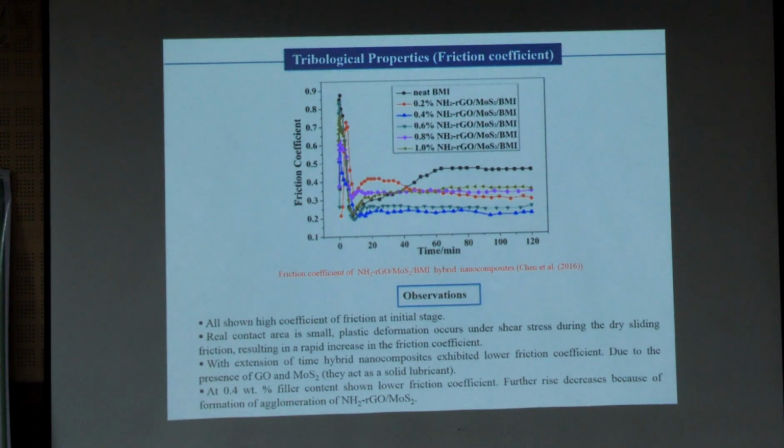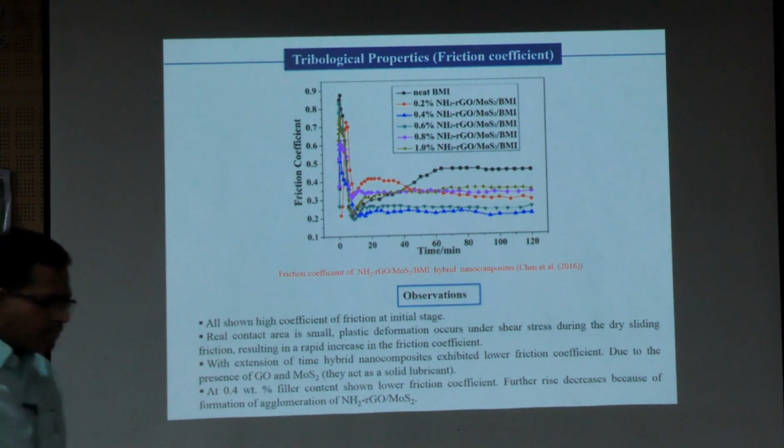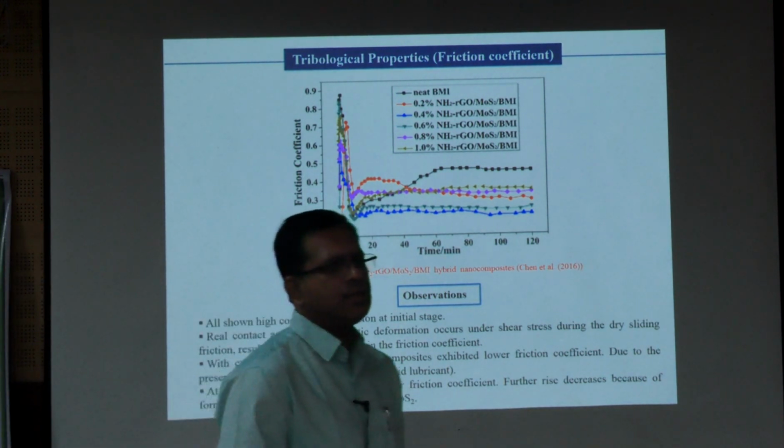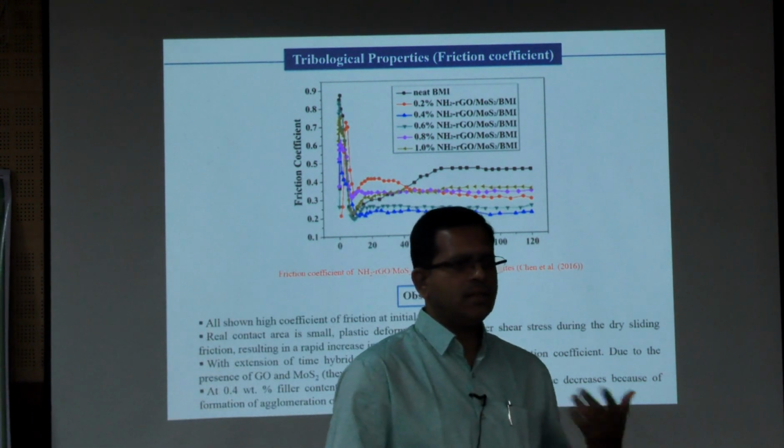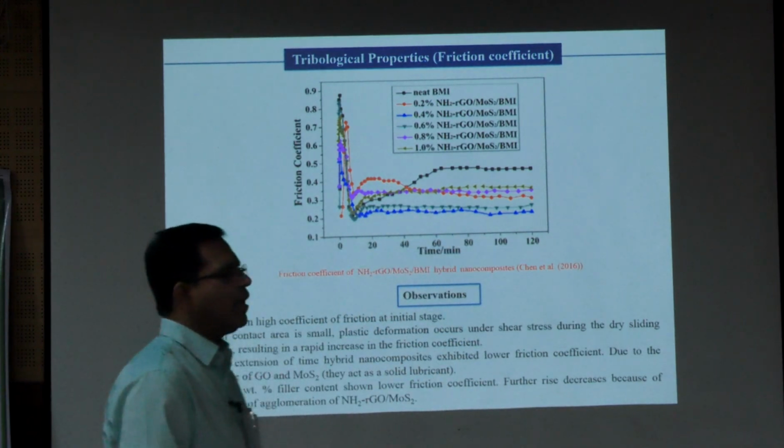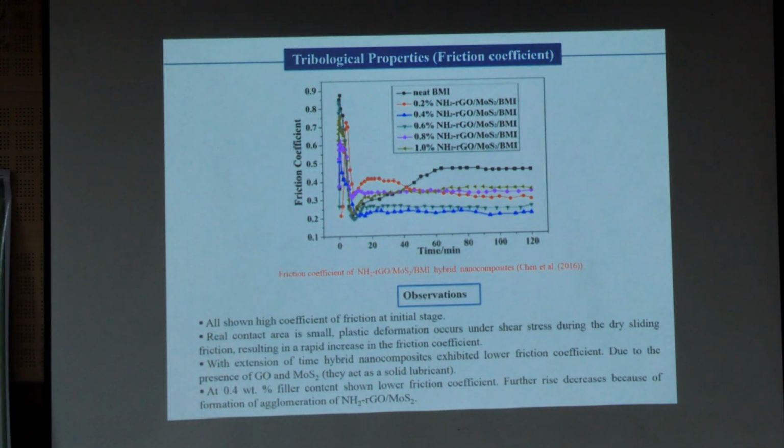Then the friction coefficient. Here also same: normally, by increasing the hardness and the wear resistance, we can reduce the coefficient of friction as well as the wear rate, right? This also we can improve by adding some nanoparticles.